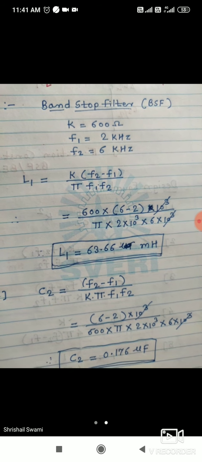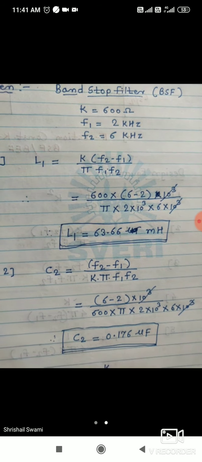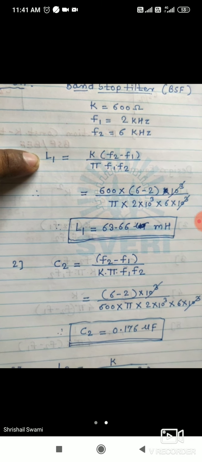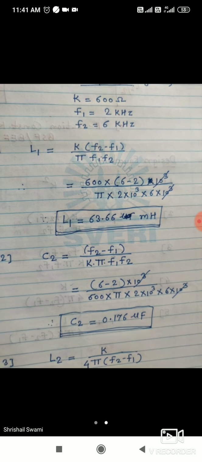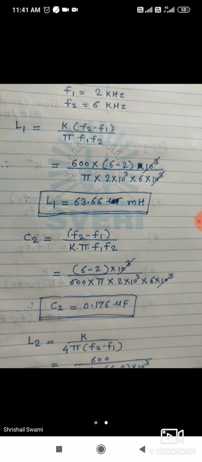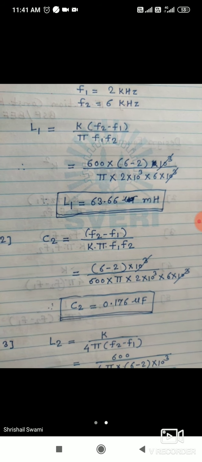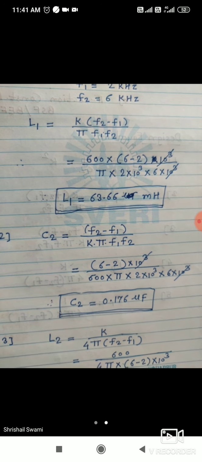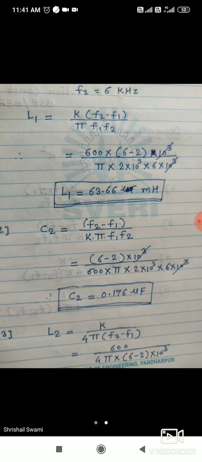Everyone should calculate. So this will be the L1 value. Once you have the formula of L1, you can easily recall the formula of C2. So C2 is equal to F2 minus F1, just take K in the denominator: F2 minus F1 divided by K into pi into F1 F2.